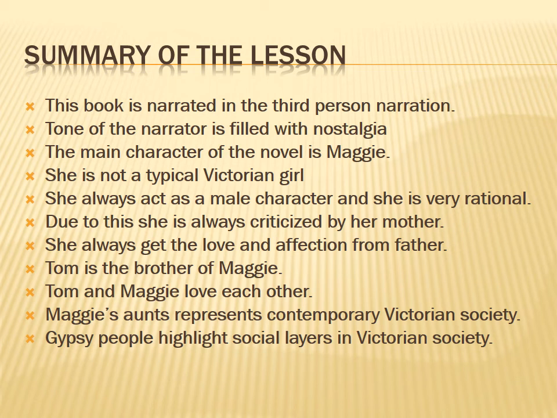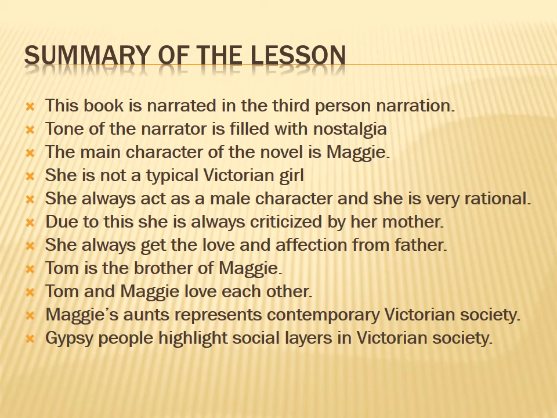She is not a typical Victorian girl. She always acts like a male character, and she is very rational. Due to this, she is always criticized by her mother and by society. She always gets love and affection from her father.